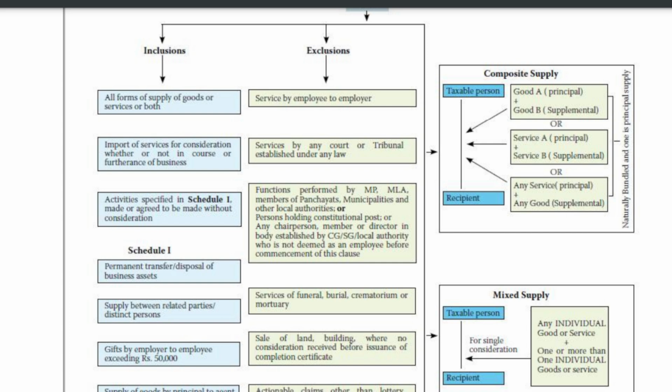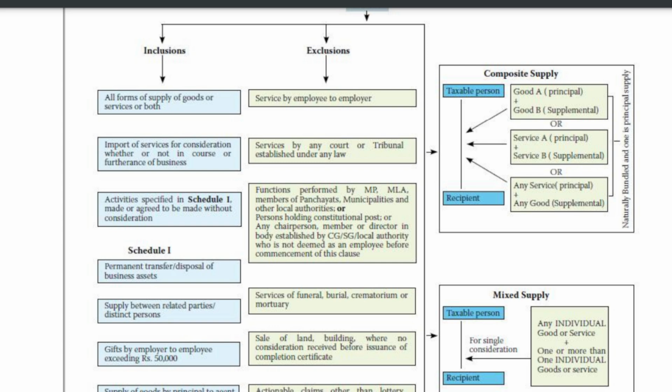Both products are independent and can be identified independently. So for the whole transaction value, for example, if you have sold this product bundle for 1000 rupees, then you have to apply the highest rate applicable under GST, as both are individual products and you cannot say it is a composite supply.